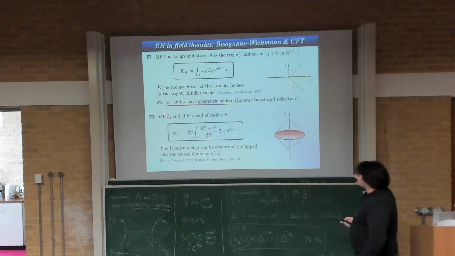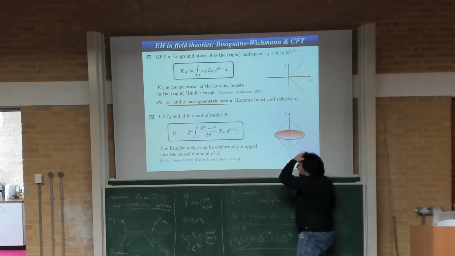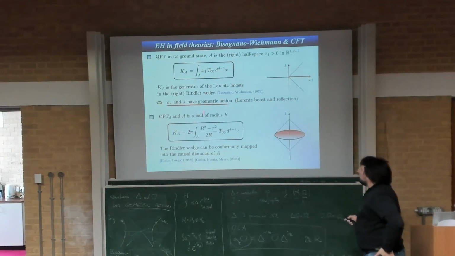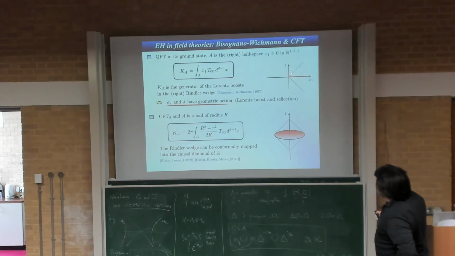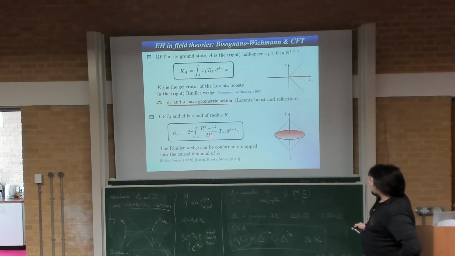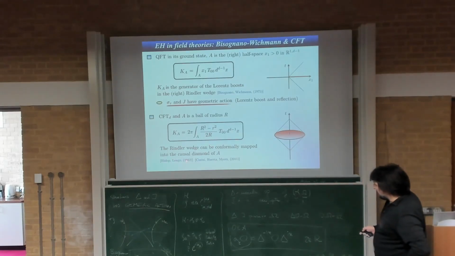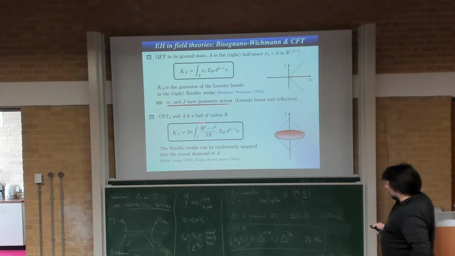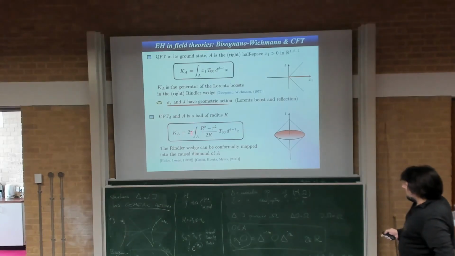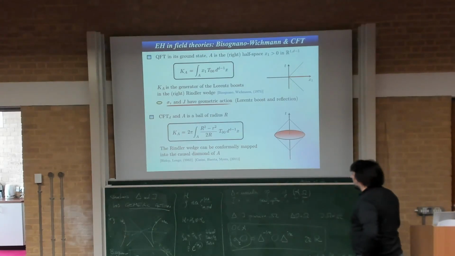Now, if you go to CFT in D dimensions, you can use the power of conformal maps and map this half plane into a ball of radius r. This was done long ago by Hislop and Longo, and you write this operator, which determines the evolution inside this causal diamond.